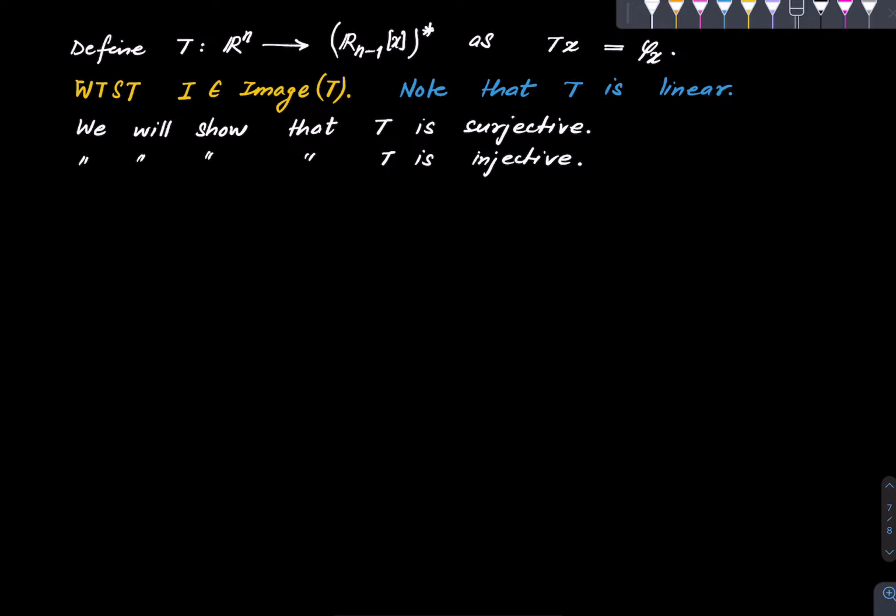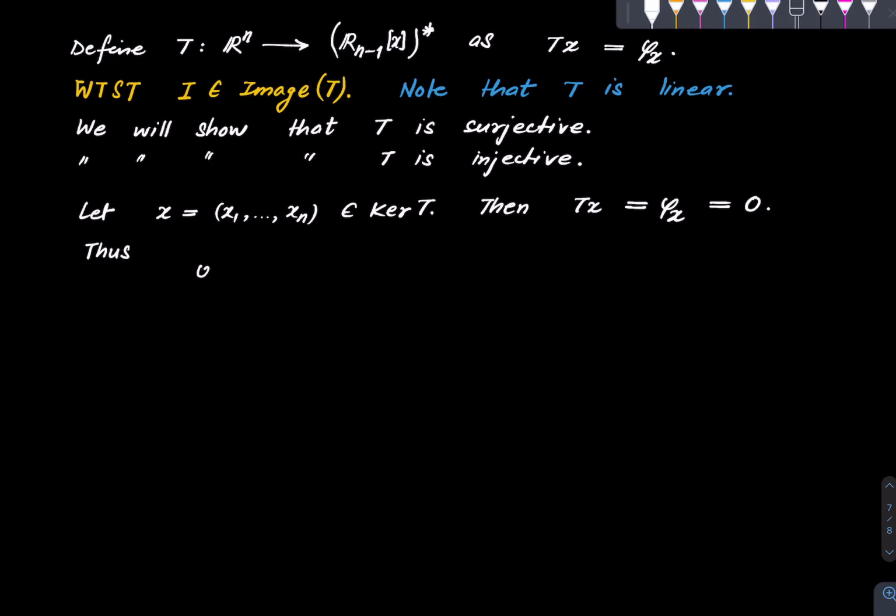And how do we do that? All right, so let x be in the kernel of T. Then Tx, which is equal to phi x, is the zero map, which means what?